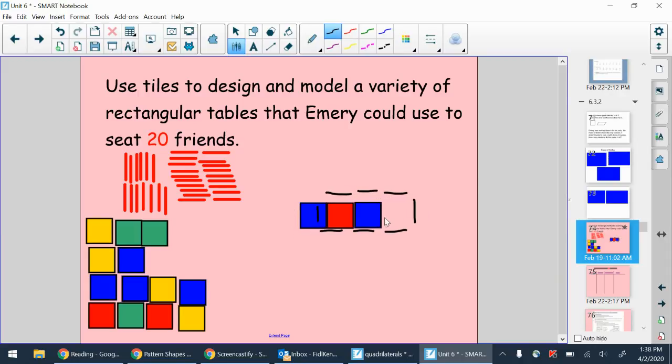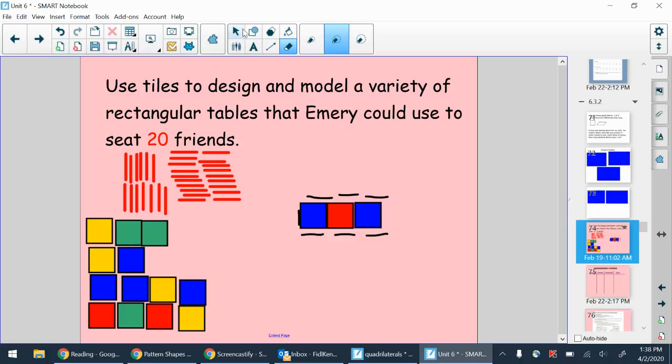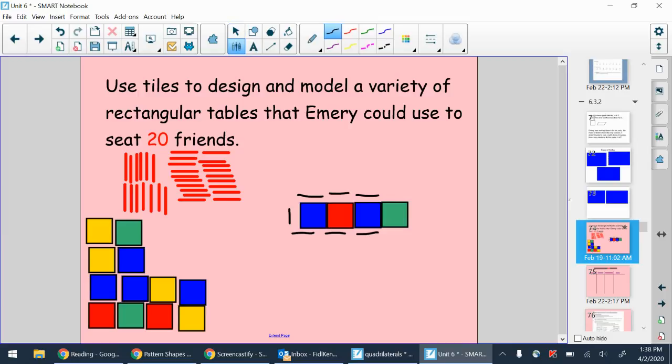So that would be 8 people. And then this would be 10. So the perimeter of this is 10. But the area is something completely different. The area is only made up of 4 tables. So we have 1, 2, 3, 4 tables there. So the area, remember, is the space inside of something. The perimeter goes around the outside.